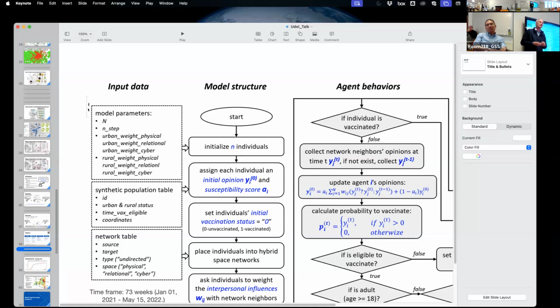This is all based on opinion dynamics literature. That's very important, because you can have a Bayesian update on your belief. So the idea is you update your belief based on what's happening around you and so forth.